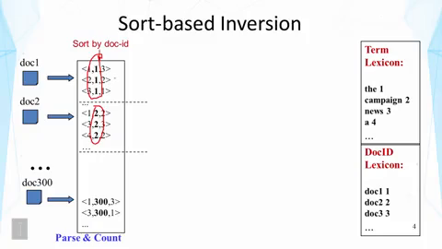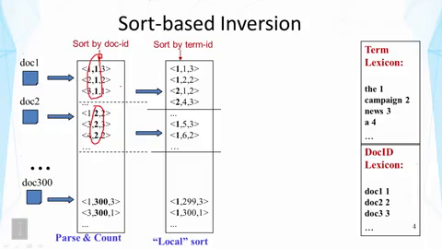At some point, we will run out of memory, and then we would have to write them into the disk. Before we do that, we're going to sort them. Just use whatever memory we have, we can sort them, and then this time we're going to sort based on term IDs. Note that here we're using the term IDs as a key to sort.